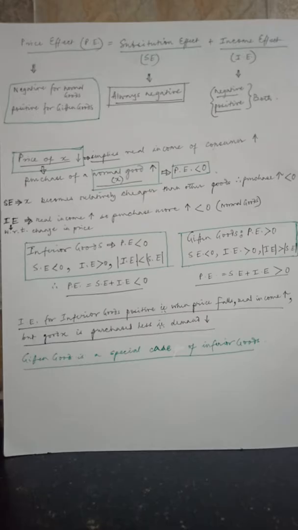If the price of a commodity is increasing, the price level is actually increasing. So price level increases means the real income is decreasing, because real income is nominal income divided by the price level. Nominal income is whatever income we receive. Say 10,000 rupees is the salary of one person, so 10,000 rupees is his nominal income, but real income is what he can purchase, what he can afford by this income.